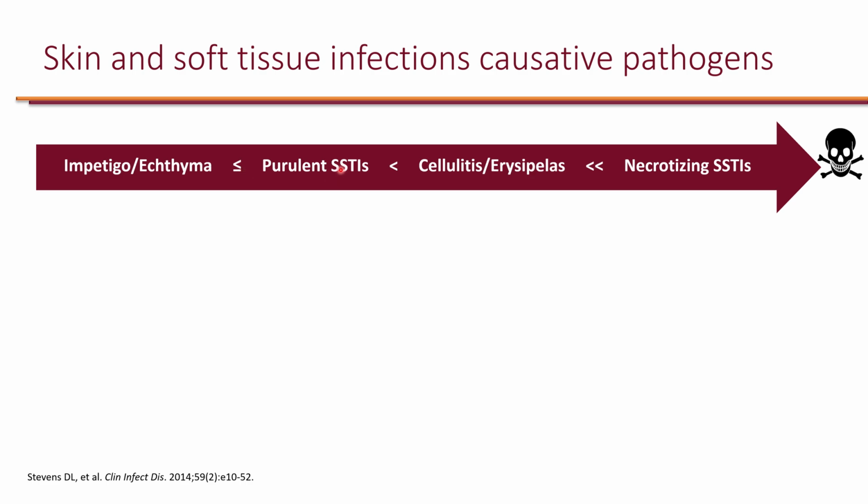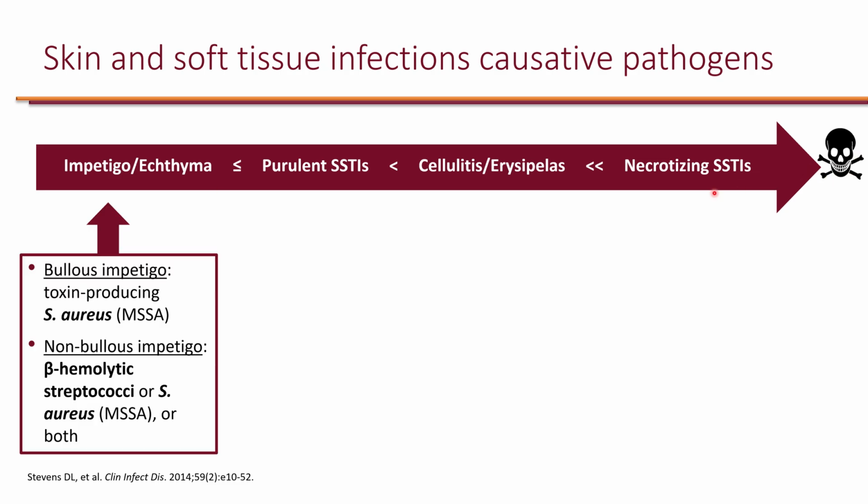Purulent means that it doesn't matter what type of SSTI, it's essentially producing pus. And most severe would be necrotizing SSTIs that could lead to toxic shock syndrome and mortality.